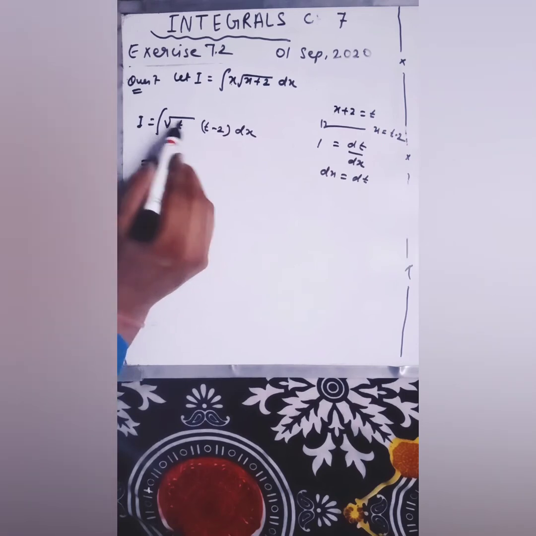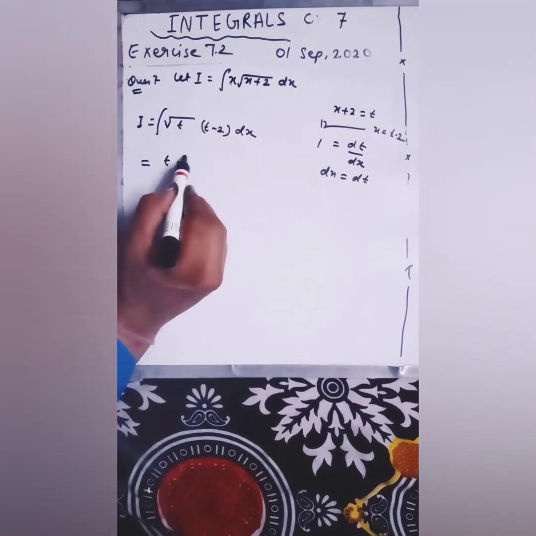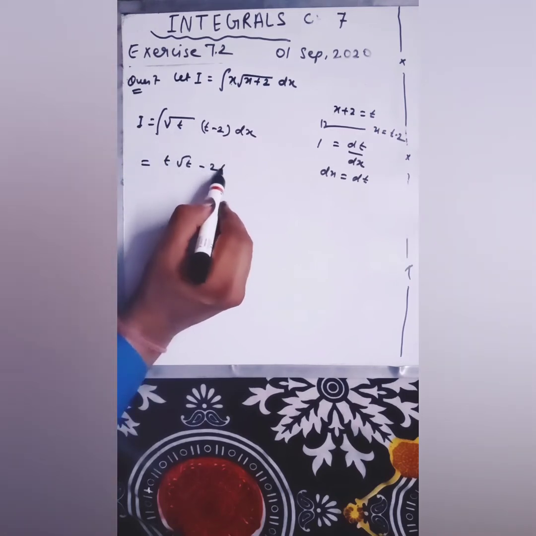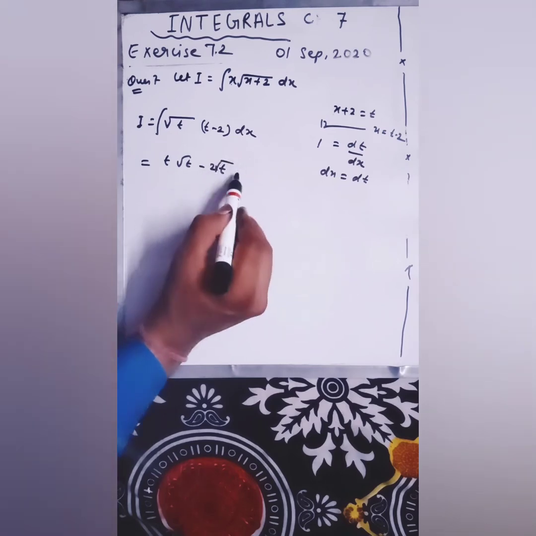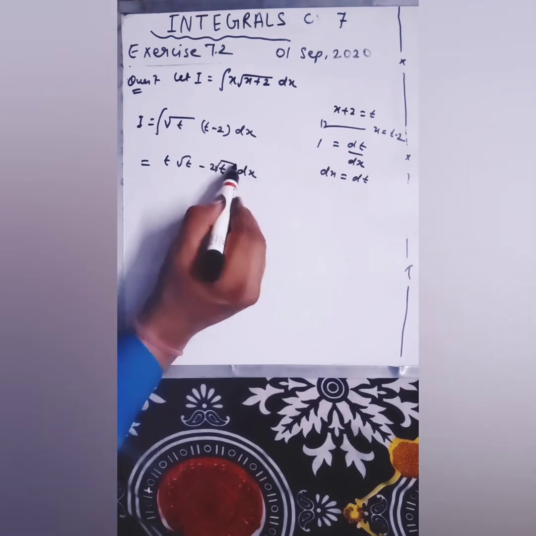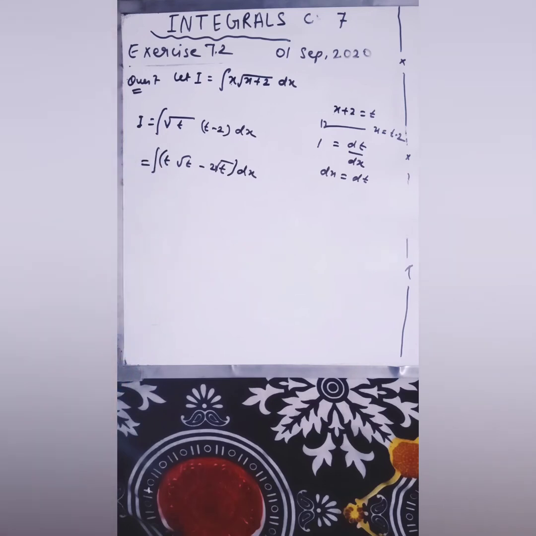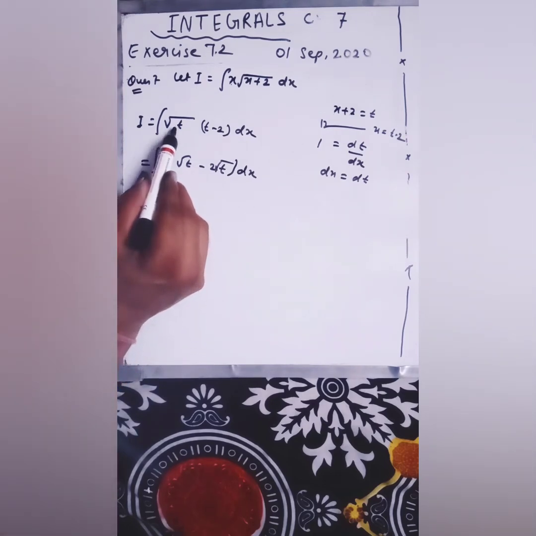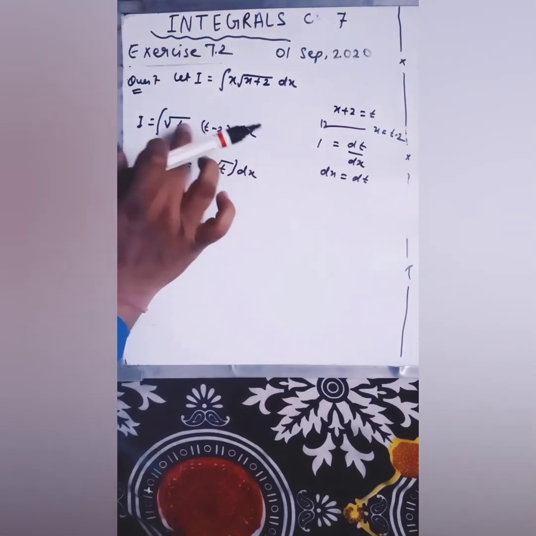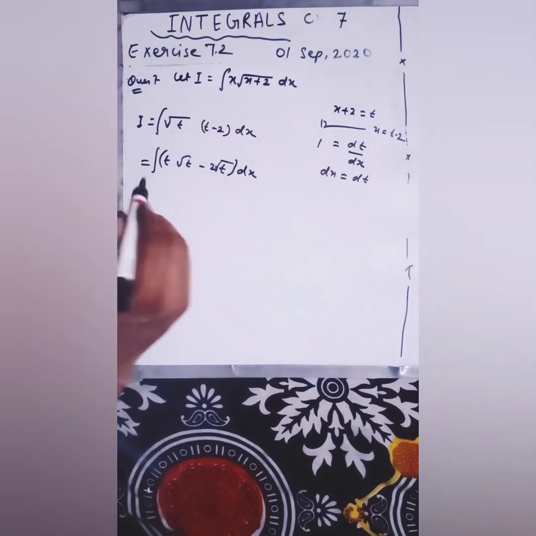Now you have to multiply t minus 2 into root t, dt, within the integration sign. You have to just insert this root t into this bracket.